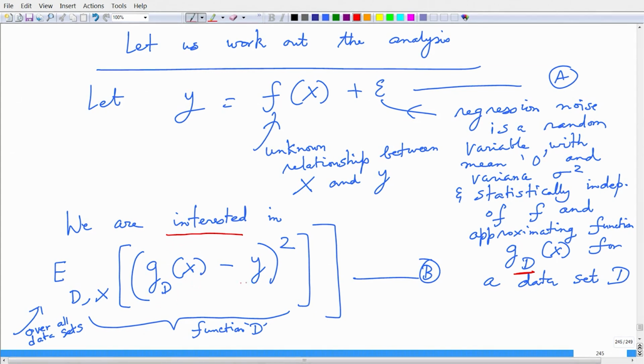I look at this quantity, I square this quantity and I want to average this error over all data sets and the points x that I have. This is an important detail because I can have a distribution over the data sets and the points x can have a distribution. So, therefore, I am looking at this joint distribution between x and D.